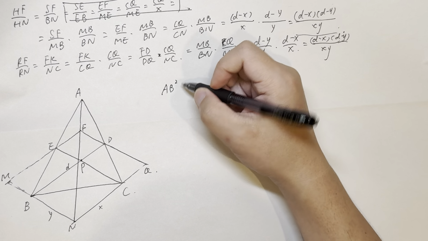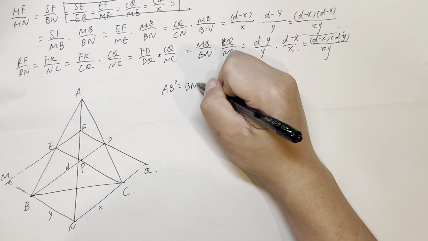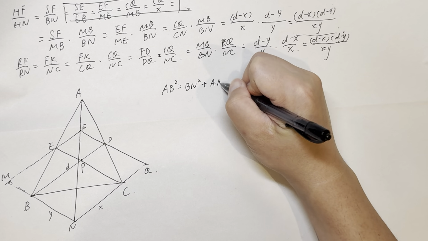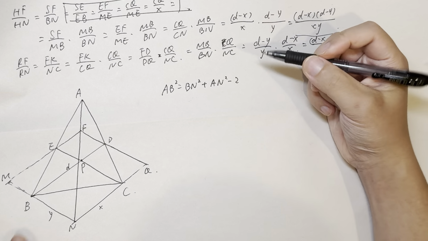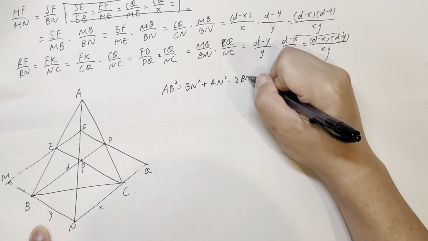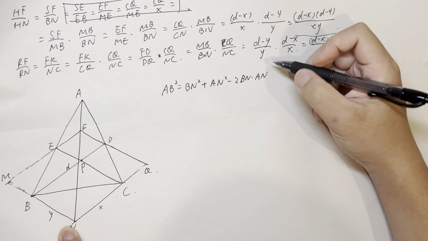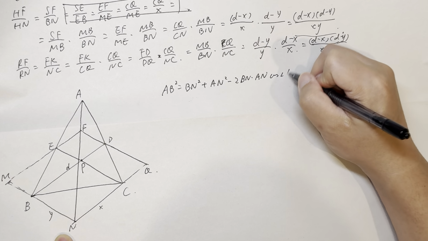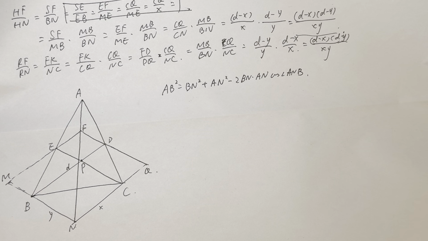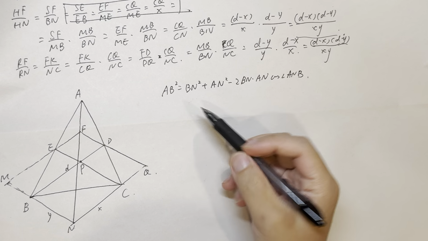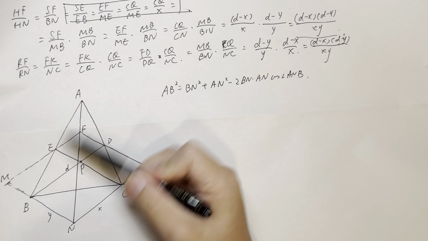AB squared equals BN squared plus AN squared minus 2 BN AN cosine angle ANB. So that's for the AB squared.